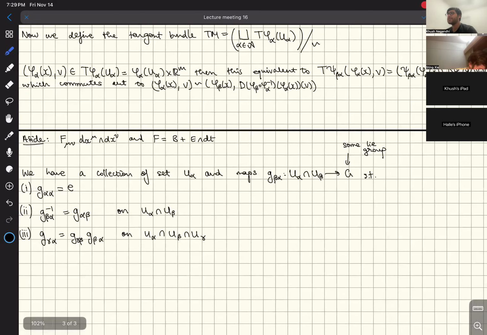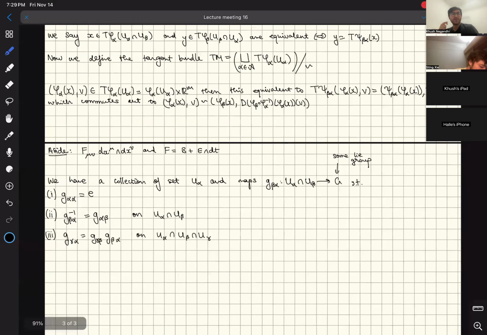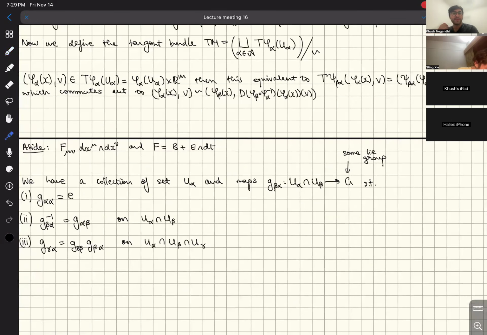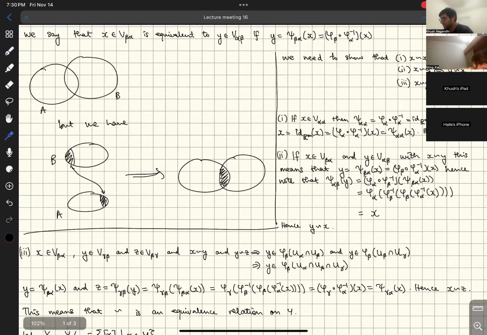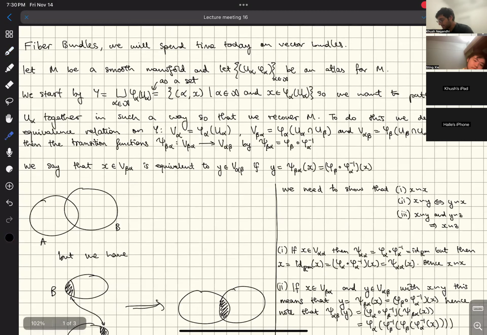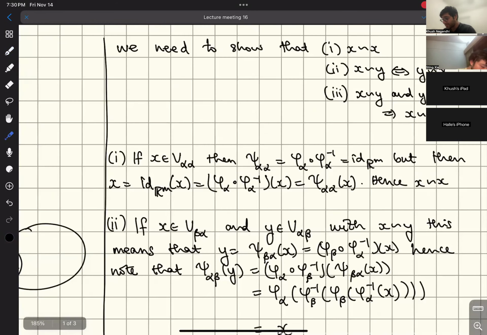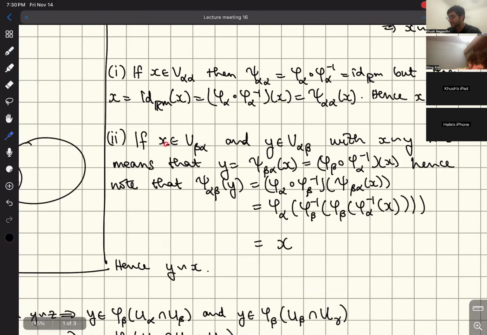Can you see why we need these three properties? Because these three properties were very crucial in our proof of reconstructing the manifold from local data. So if we go back up here, to show that X is equivalent to itself, we looked at the transition function psi alpha alpha. To show that X equivalent to Y is the same thing as saying Y is equivalent to X, we use the transition function psi alpha beta, which happened to be the inverse of psi beta alpha.